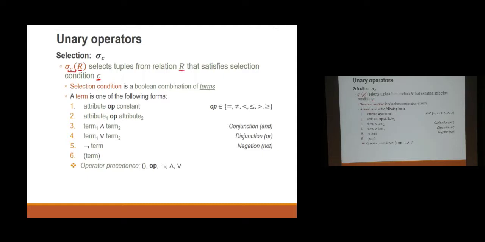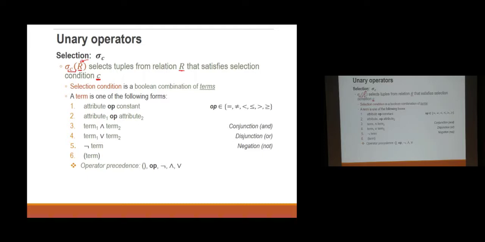Again, you can see that it is a function that takes in a relation, and what it gives you is a relation. What you get is a tuple that satisfies the condition. The input is a relation.